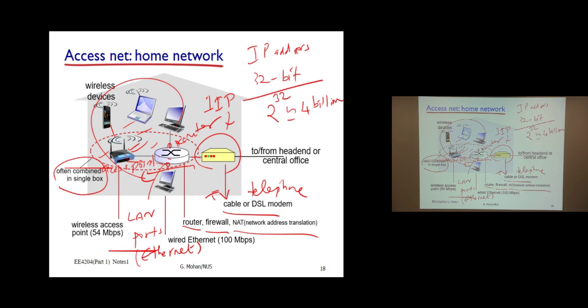That translation is done by means of NAT. So it helps us to save address space. We are reusing the addresses. Basically, the addresses inside the home are dummy addresses, not real, because we can reuse them.